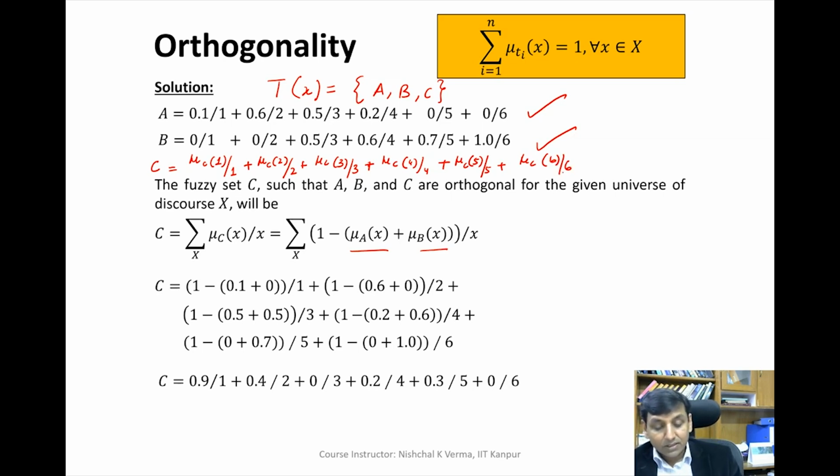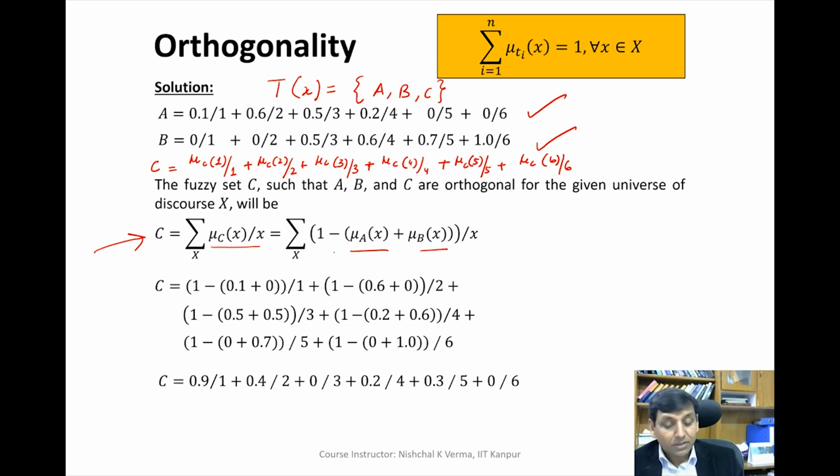Here we can compute all these respective membership values, and this way we can represent C as the summation over the universe of discourse of mu C of x oblique x.